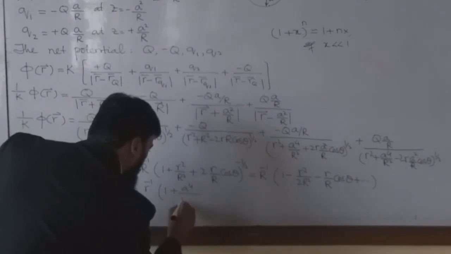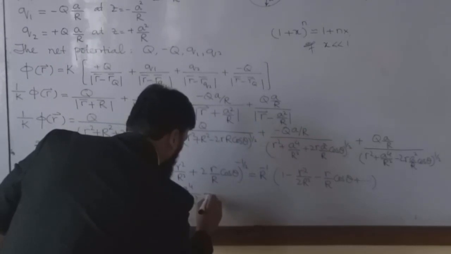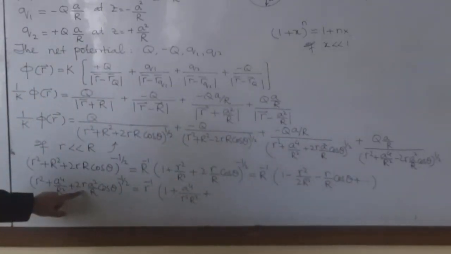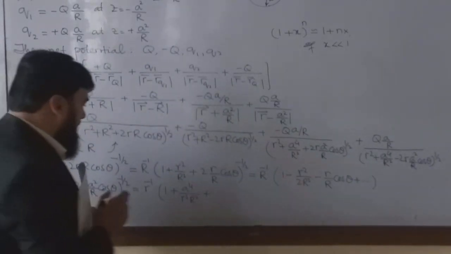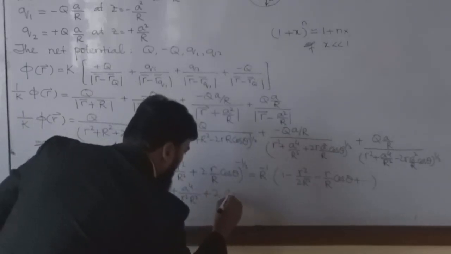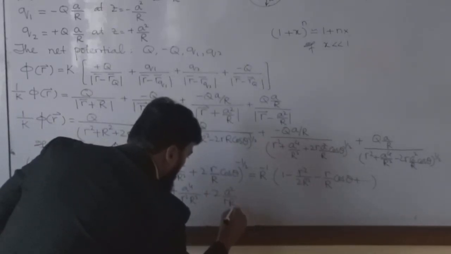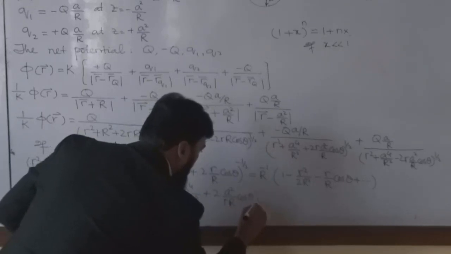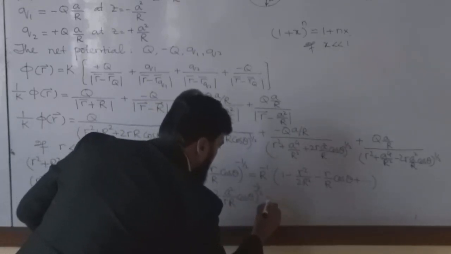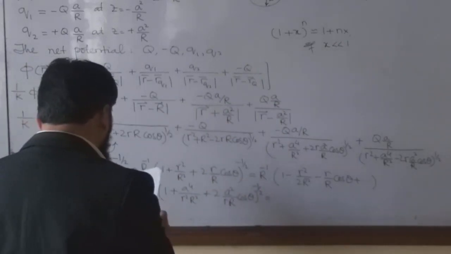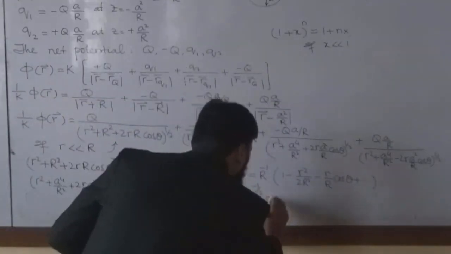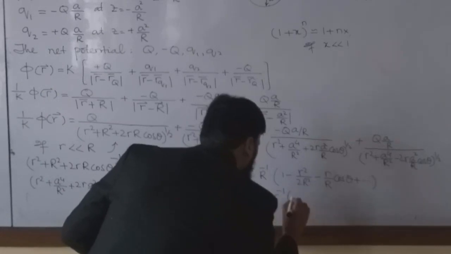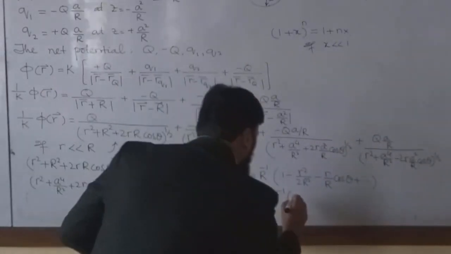a4 divided by r square, plus, what about this one? 1 r square will cancel with this, so we will have plus 2 a square over r and cos of the angle, to the power minus half. So this is equal to r minus 1 and 1.